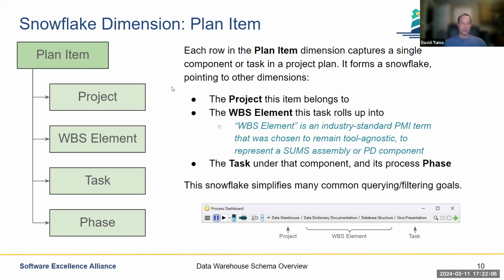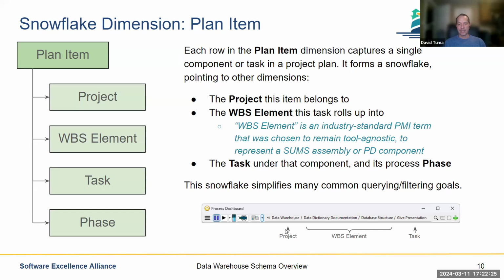So those rows in the plan item dimension contain foreign keys pointing to the project that the item belongs to, the WBS element, and I'm going to come back to this in a second. Think of this as the component that the task rolls up into, and then the task under that component and its process phase.